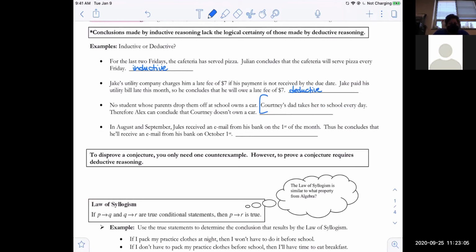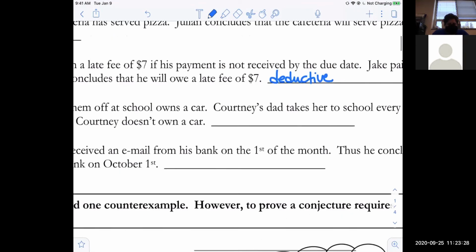Alex is concluding this because he knows that this is a true statement. And since Courtney's dad takes her to school every day, Alex says, well, that situation applies to Courtney, and therefore since her parent drops her off, that means she doesn't own a car. So I agree that is deductive.